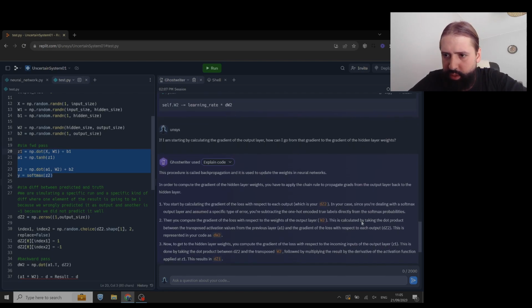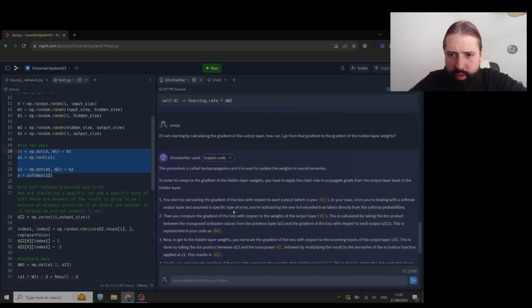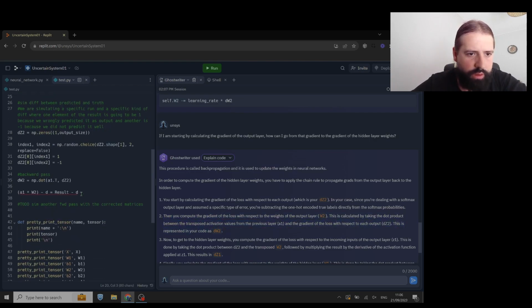Since you're dealing with the softmax output, you're subtracting the one-hot vector. Then you compute the gradient of the loss with respect to the weights, by taking the dot product with the transposed activation values. It does include A1 here, because of the chain rule. Okay, so we really need to get into the chain rule. That's the next thing.